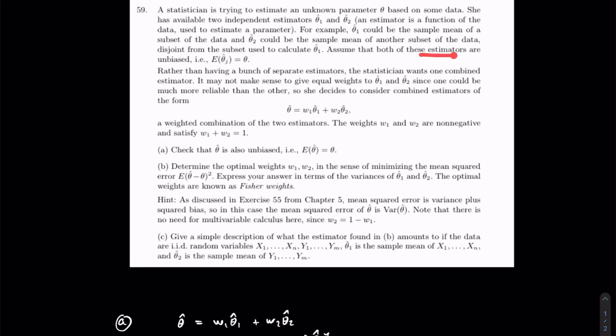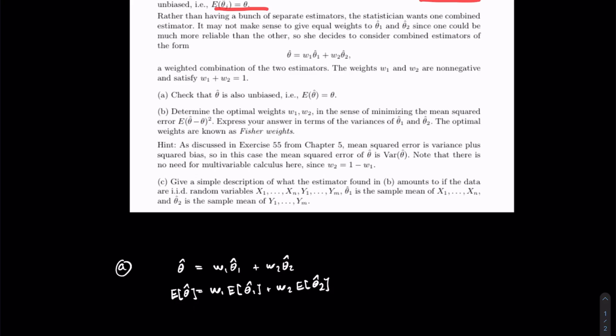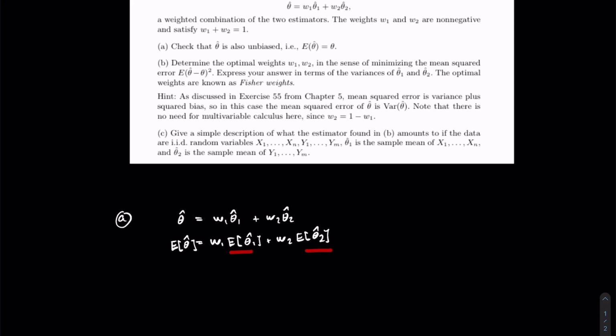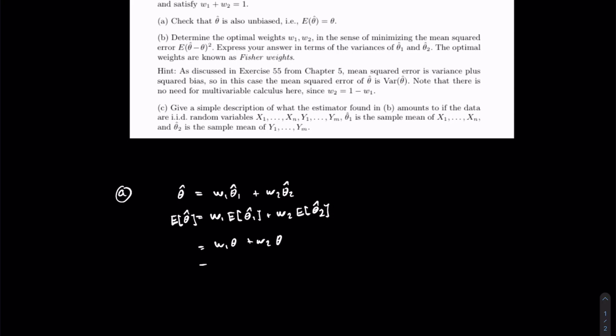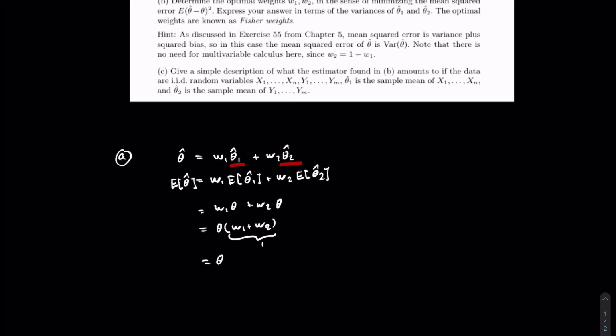By assumption, these estimators are unbiased, so each of these equals phi. So we have w1 times phi plus w2 times phi. And we know that the sum of those weights equals 1, so this term disappears, and we end up with phi. So indeed, we have proven that this estimator is unbiased, given that these terms are also unbiased.